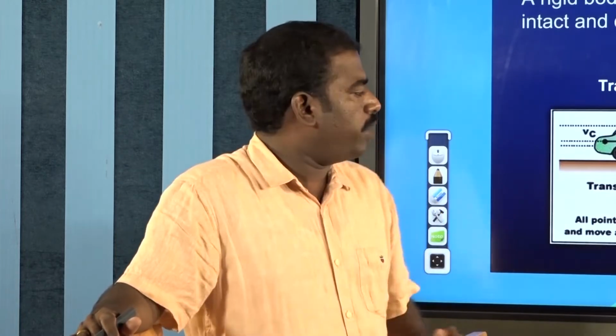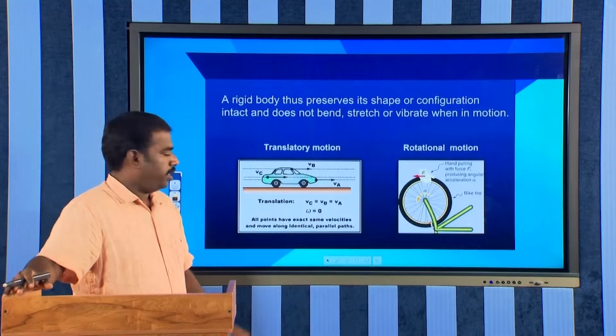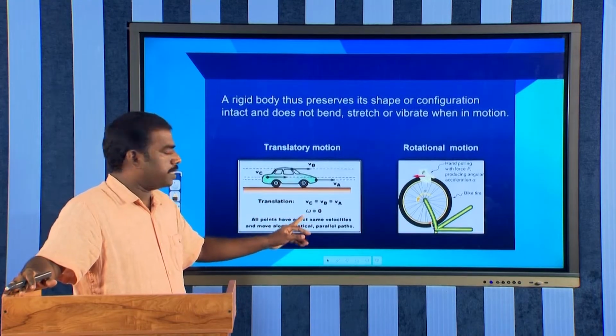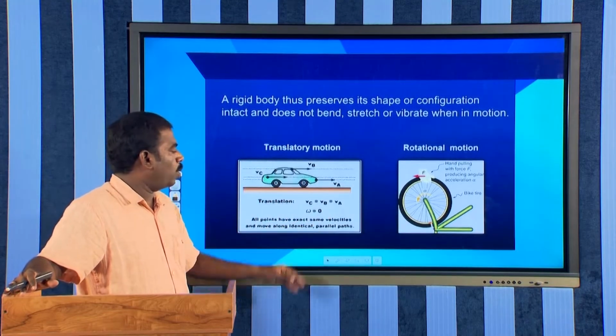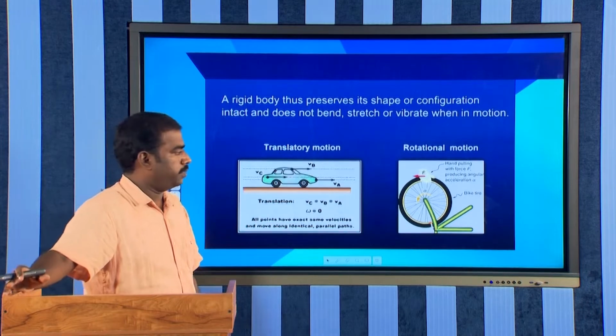So in translatory motion, the particles of the rigid body need to travel with the same velocity, parallel to one another along the straight line. Then we can say the rigid body is executing translatory motion. Here you can see all points have exactly the same velocities and move along identical or parallel paths.